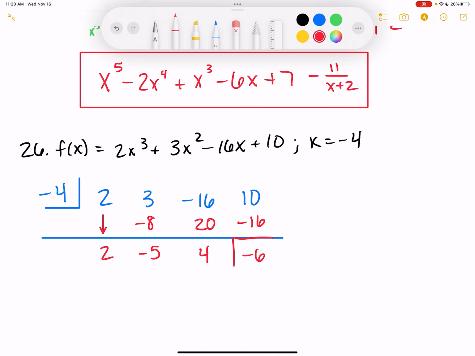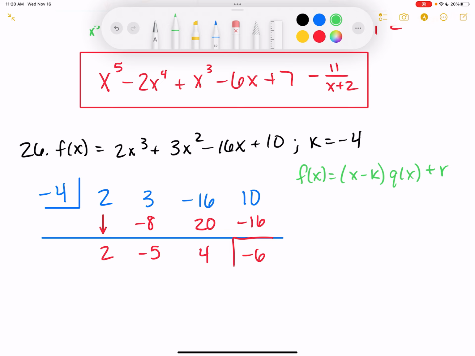So it wants the answer in, technically, f of x equals x minus k times q of x plus r. So when we go to put k in here, we have to change the sign of it. Because it was negative, when it goes in here, it's going to be positive.